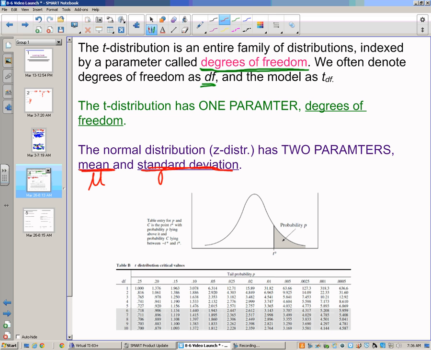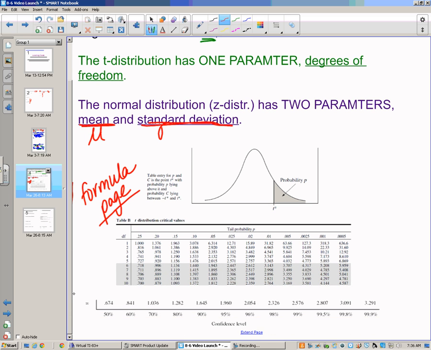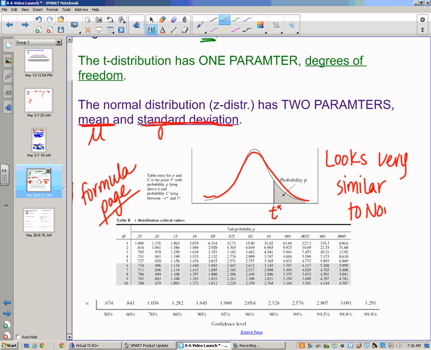On your formula page, you have a table, and on that table is this T star. This looks just like the normal distribution, very similar to the normal. But it's not. It's actually what we call the T distribution.